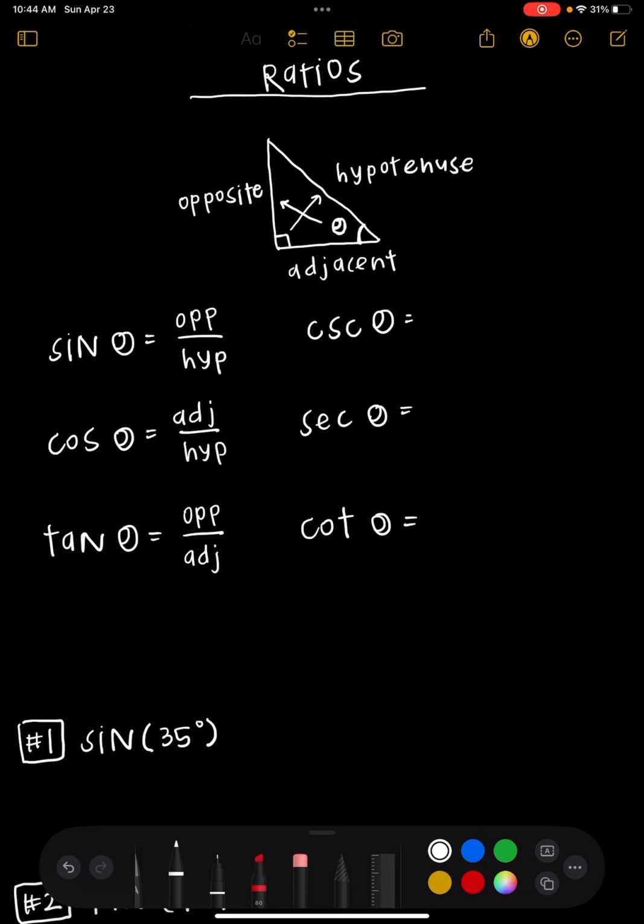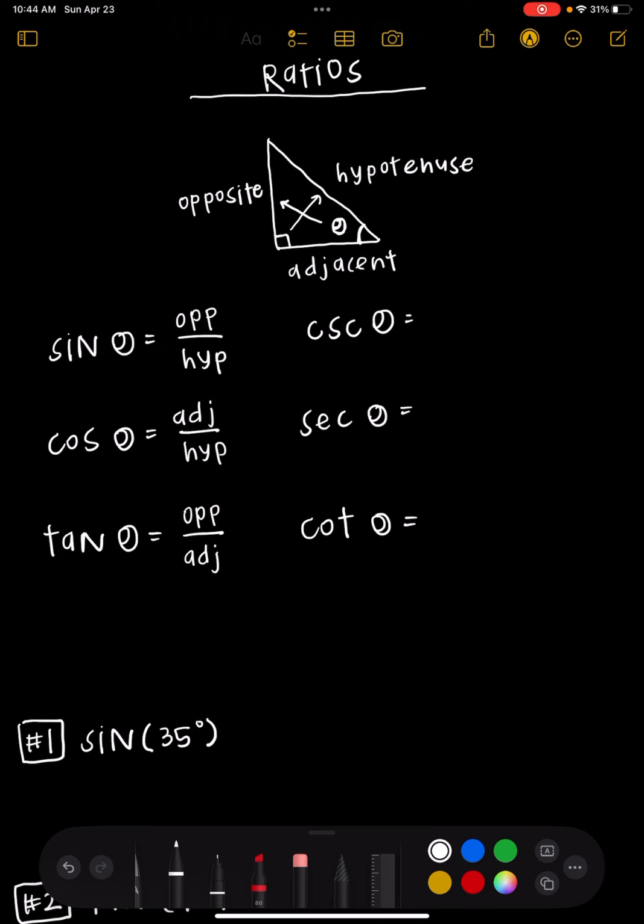You have a sine, cosine, and tangent button on your calculator. This will be very helpful when we're trying to solve for sides and angles. The other three are cosecant, secant, and cotangent. They are also important, but they're not buttons on your calculator, and you're not going to use them as frequently. They're actually just the reciprocals of sine, cosine, and tangent.